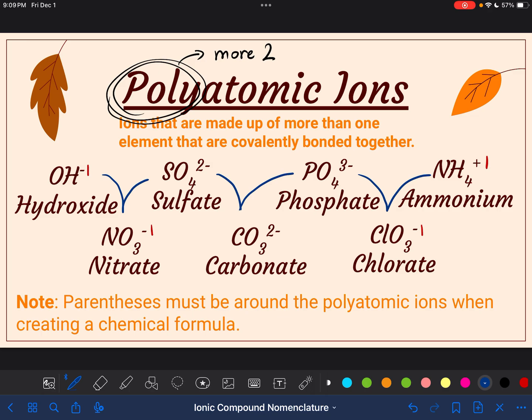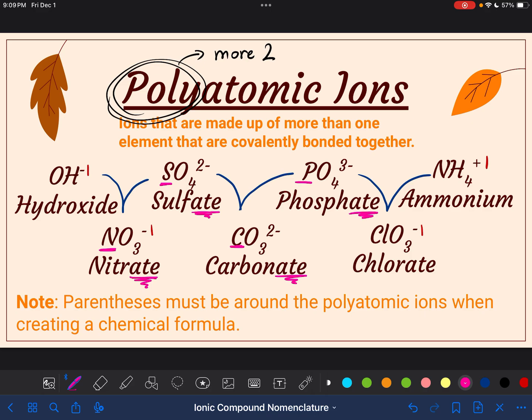Now, if you're stuck, another way that you can remember this is N. We already know N is nitrogen. And the only thing that is different is that ATE ending. Same goes with sulfur. S is sulfur, and we have ATE. Carbon, ATE.